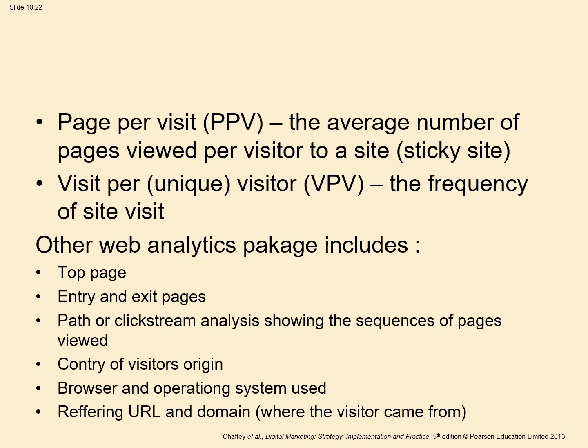Other web analytics packages include understanding of the top pages, entry and exit pages, path or clickstream analysis showing the sequence of page views, country of visitor origin, browser and operating system used, and also the referrer URL.